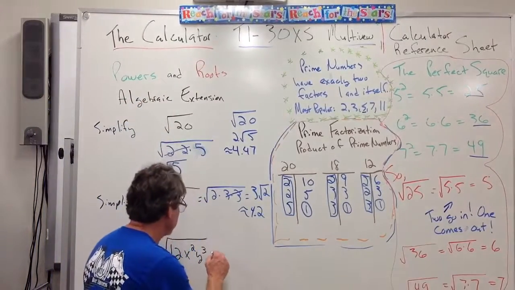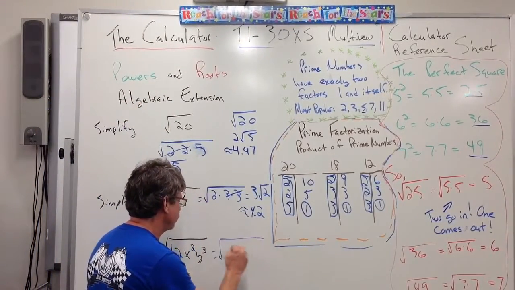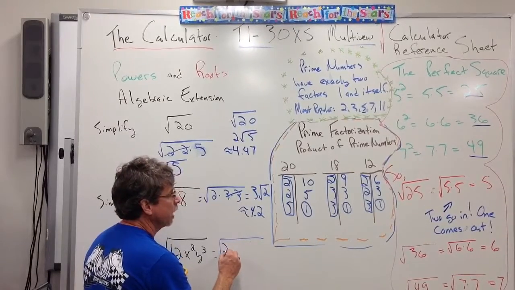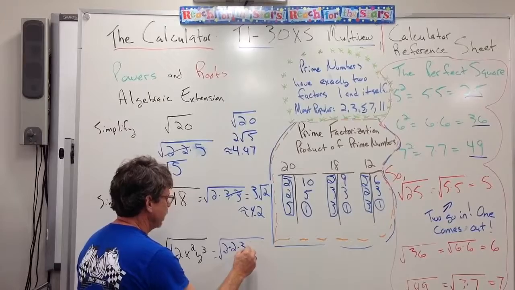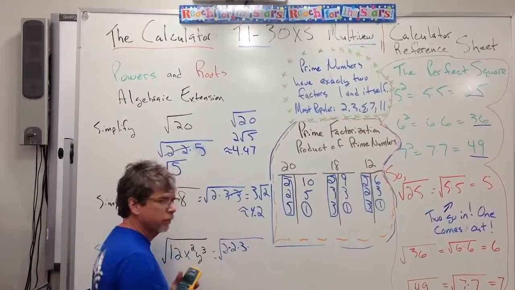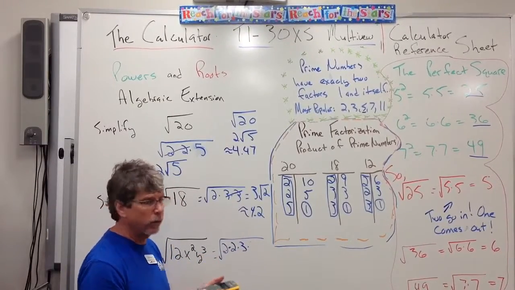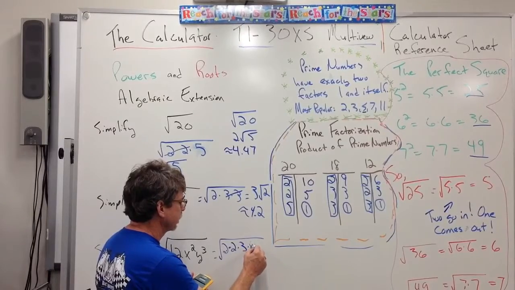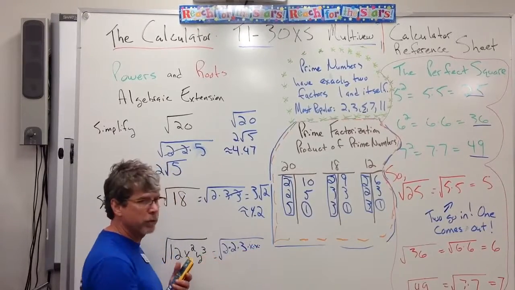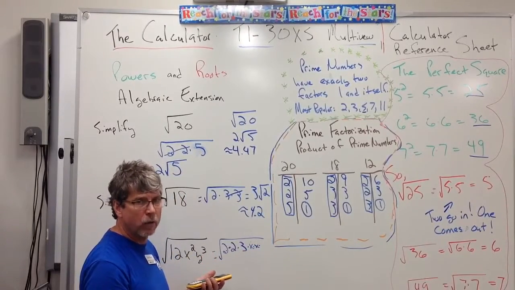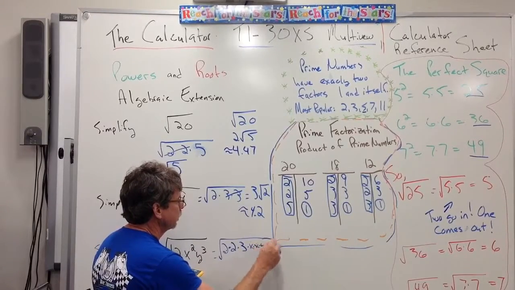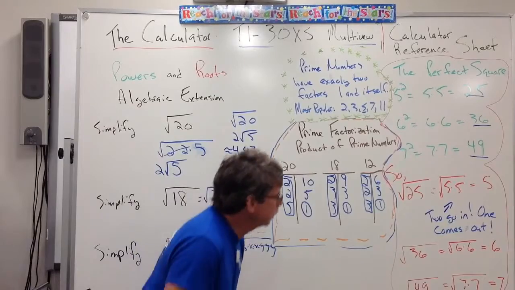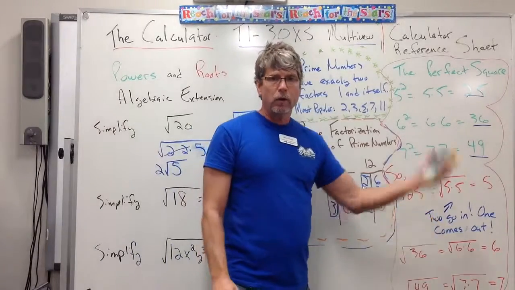So what we're going to do then is change this 12 to its prime numbers, 2 times 2 times 3. And then the x squared, what we're going to do is follow what the exponent means. X squared means x times x. And I'm going to follow what the power of 3 means. Y cubed means y times y times y. So we do that. So what we are allowed to do, though, is 2 go in, 1 comes out.